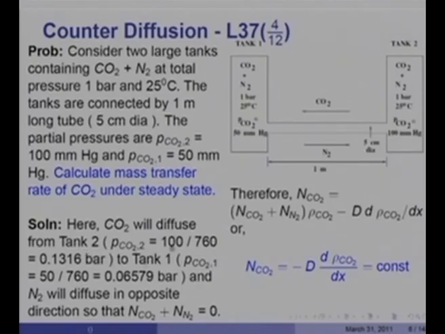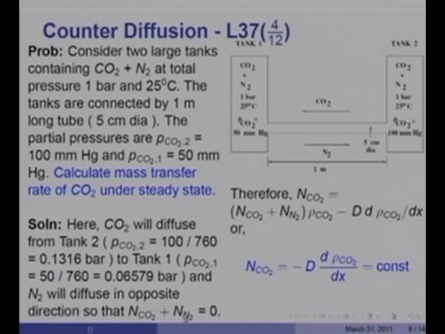Now, p CO2 of 100 millimeters of Hg, because 760 millimeters of Hg equals 1 bar, p CO2 2 in bars would be 100 by 760, which is equal to 0.1316 bar, and in tank 1 it would be 50 by 760, which is 0.06579 bar, and N2 will diffuse in the opposite direction.